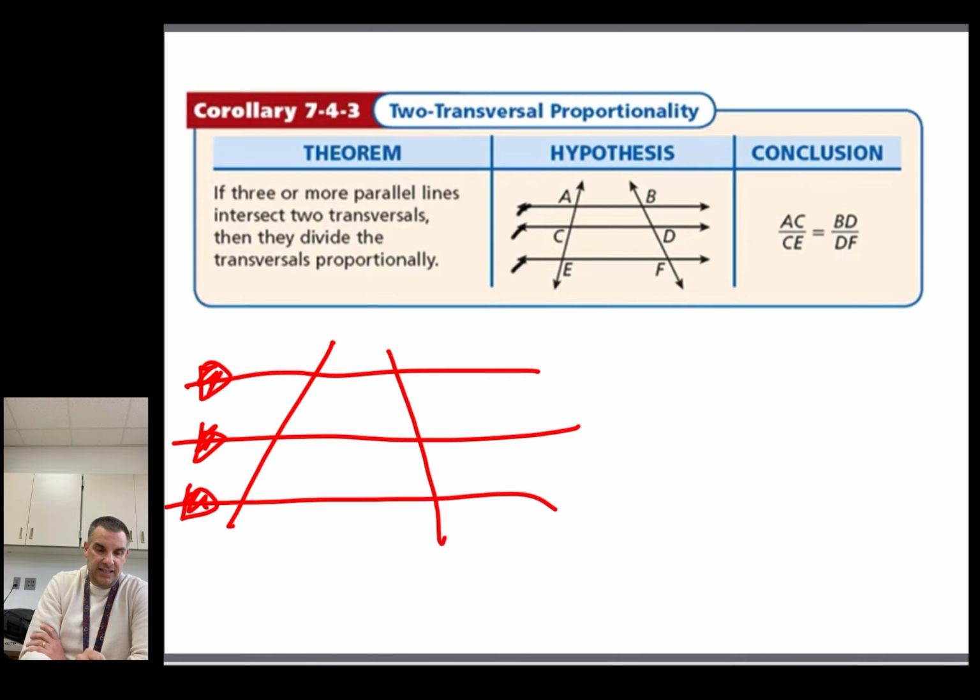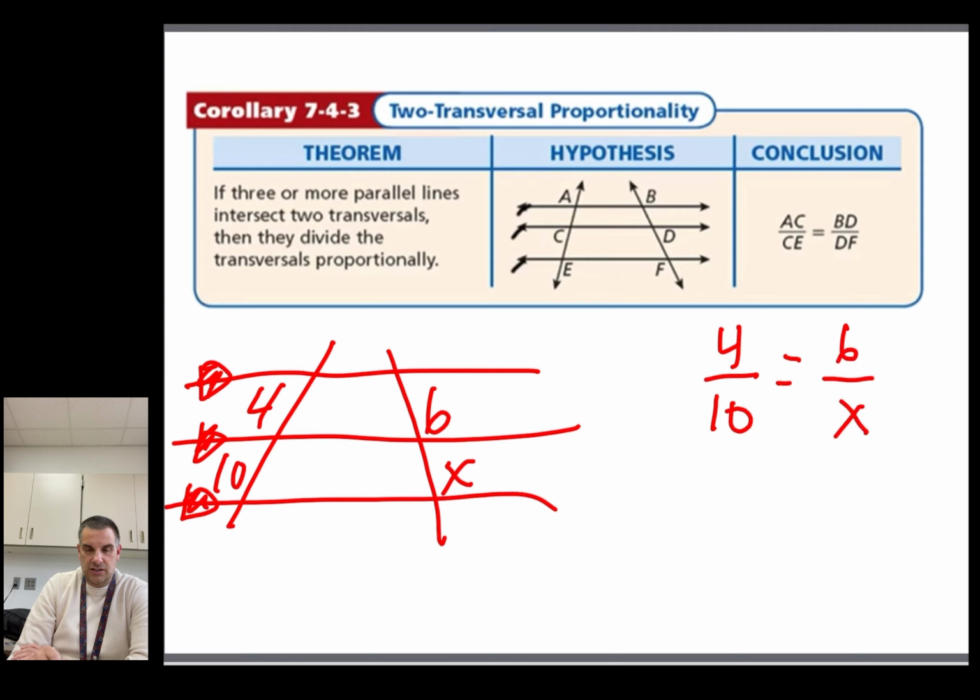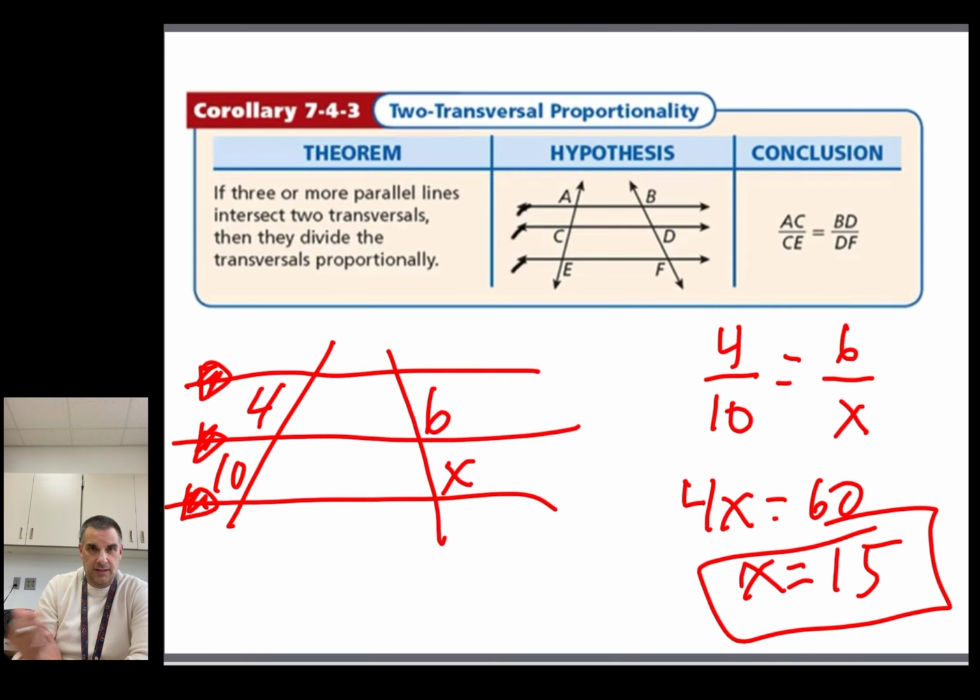Essentially what it's saying is that if I put a 4 here and a 10 there, I can write the ratio 4/10, and say I put a 6 here and an x there, that's going to equal 6/x. They're going to be proportional to each other. Cross multiply, 4x equals 60, x is equal to 15. And you're done. It's again that proportionality piece of it. You can break them into little pieces.